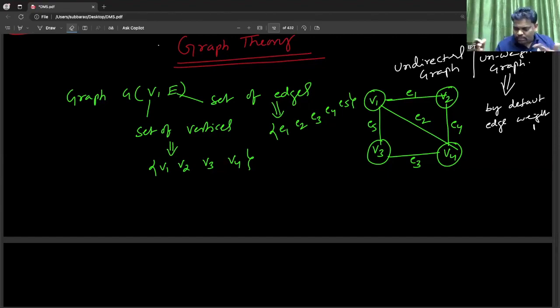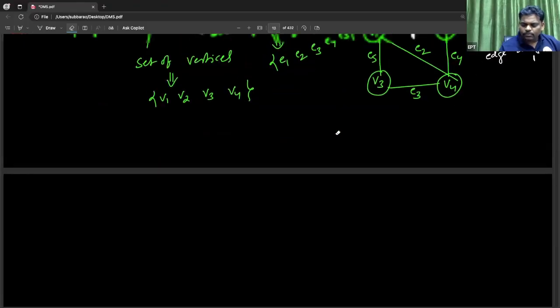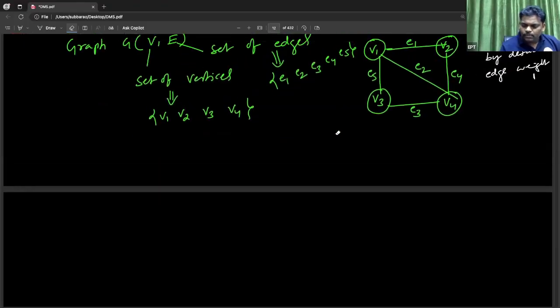Now, next one. Come to the next line. Everyone listen, everyone has to understand. See this one? Between V3 and V4 an edge is there, so I can say V3 and V4 are adjacent to each other.